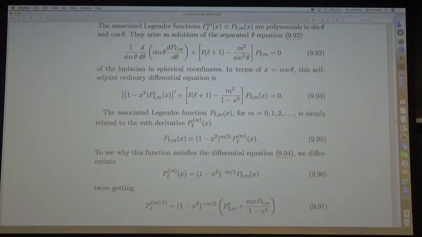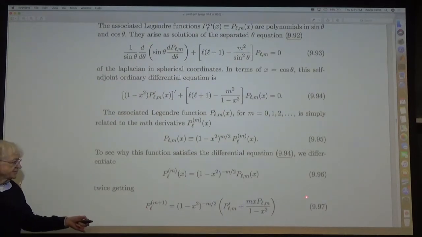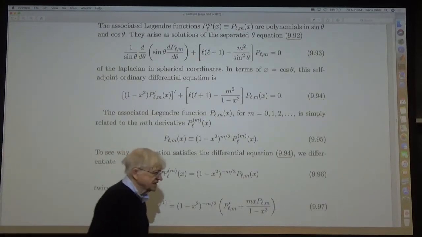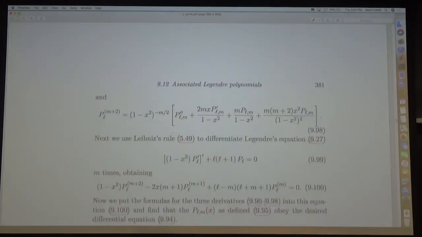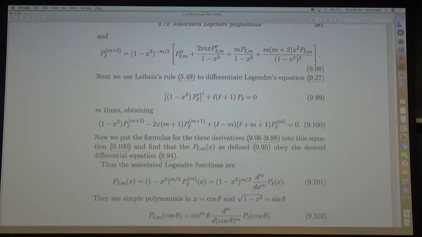So just to check that this is true, we differentiate this expression once to get the m plus first derivative of the Legendre polynomial. Then we differentiate a second time, and we get the m plus 2 derivative of the Legendre polynomial.